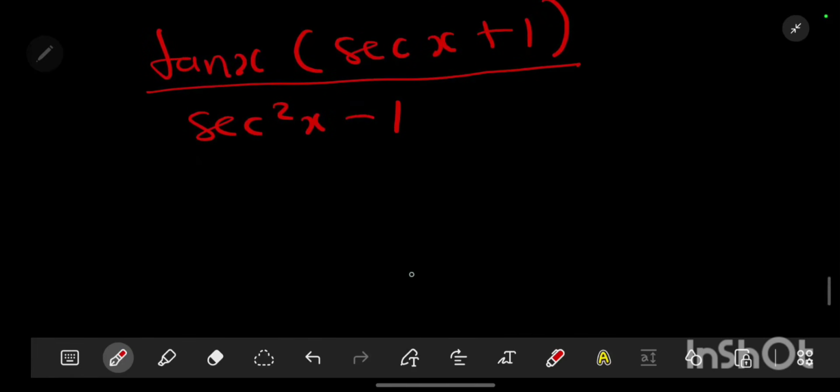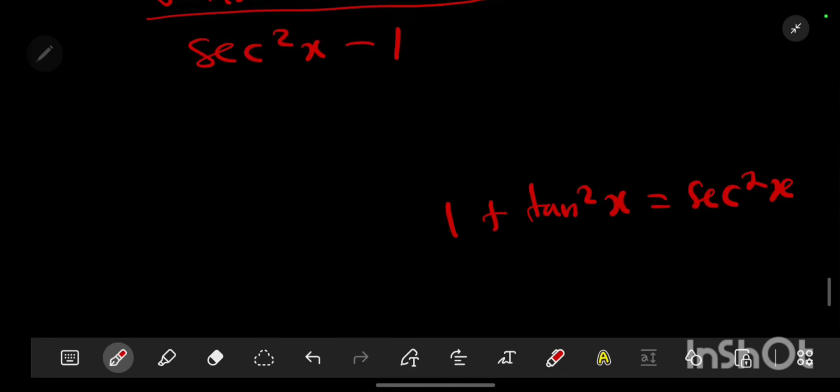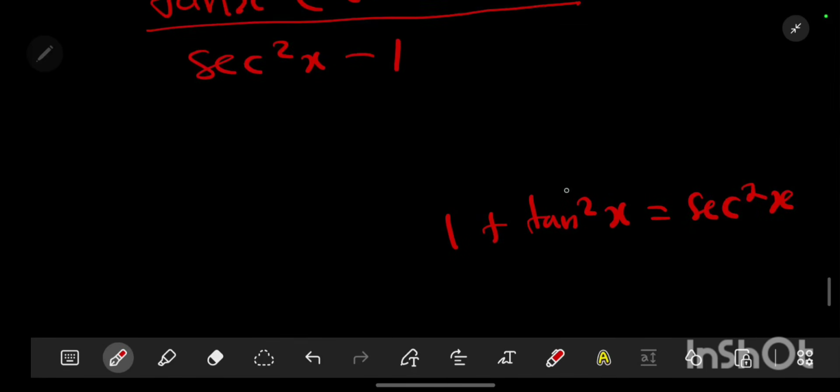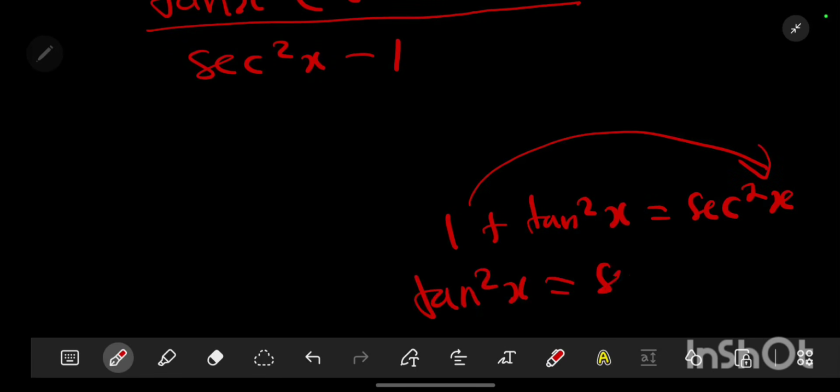Now remember, the identity is such that 1 plus tan squared x is equal to sec squared x. So when we take this -1 to this side, tan squared of x is equal to sec squared of x minus 1.